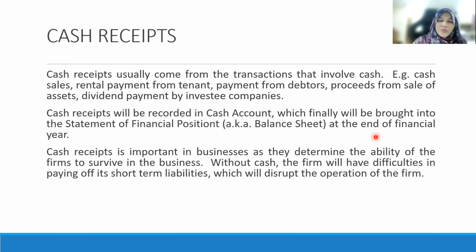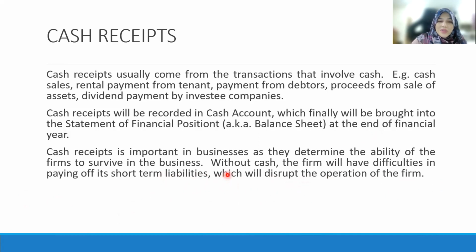Without cash, the firm will have difficulties in paying off its short-term liabilities, which will disrupt the operation of the firm. You just imagine if the company does not have enough cash to pay the creditors, or does not have enough cash to pay the utility, definitely the water supply will be stopped, will be suspended.